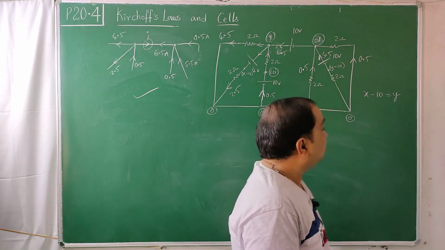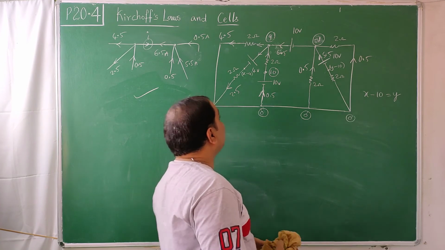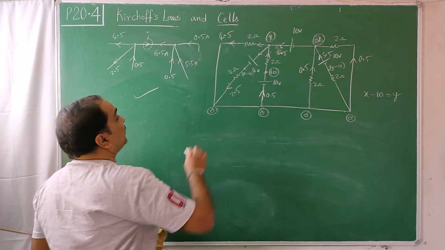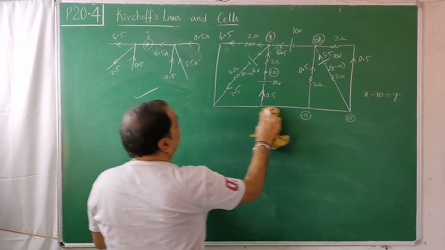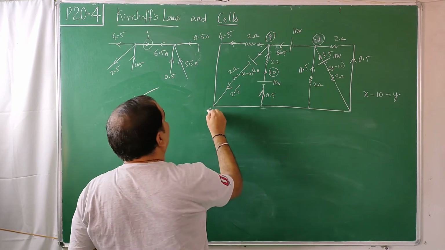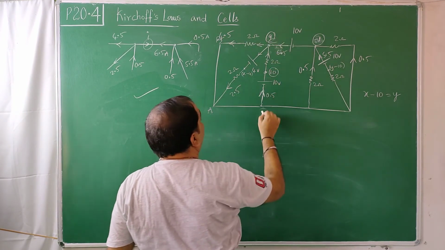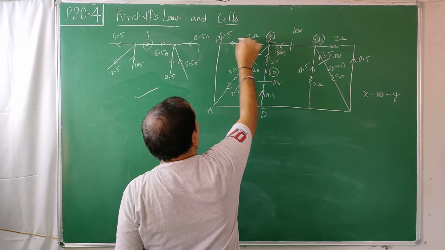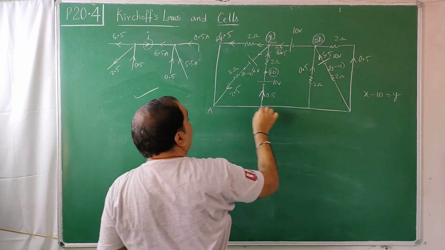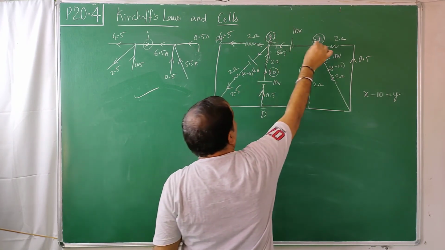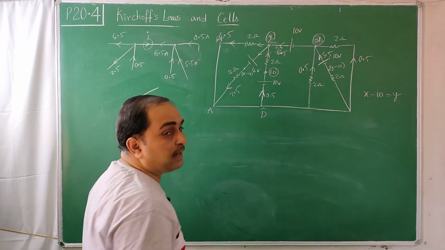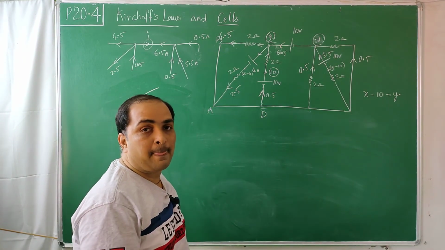Some teachers also follow another method, which is also a nice method, where they take these points to be A, B, C, D and so on. Like that they write the equation a number of times.